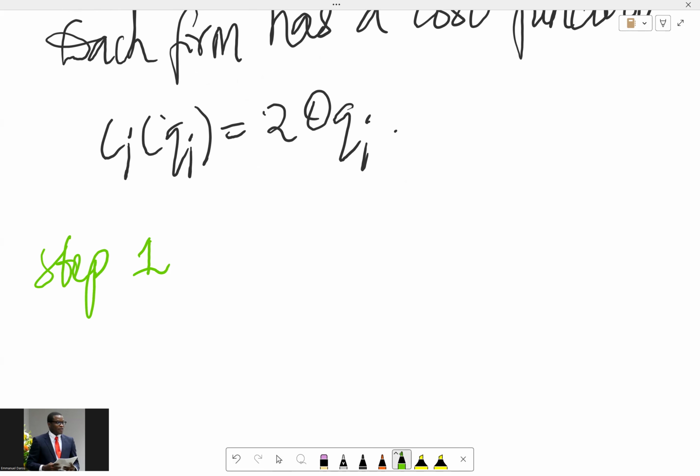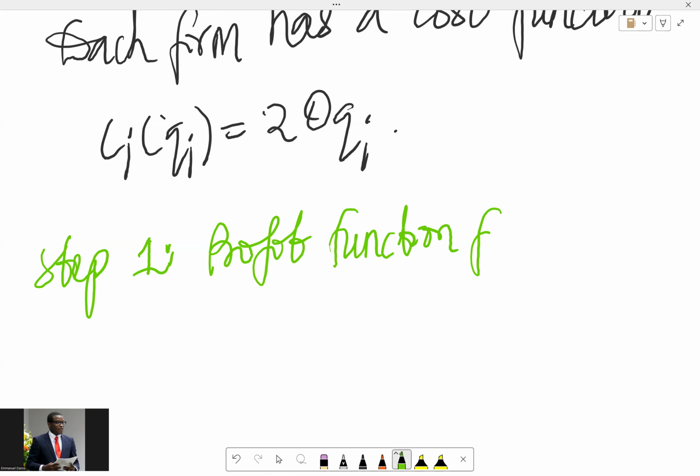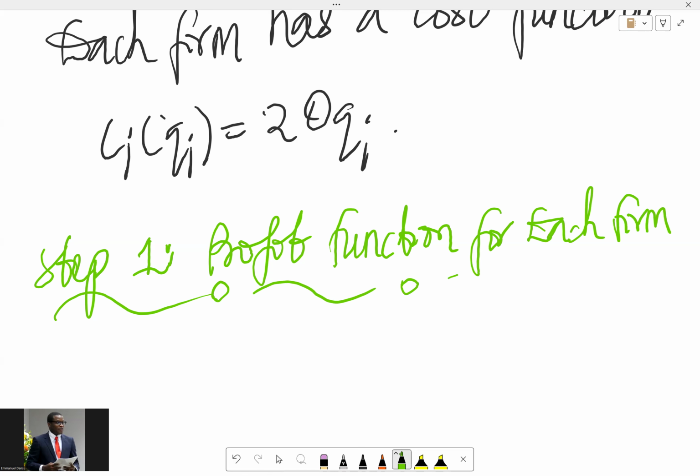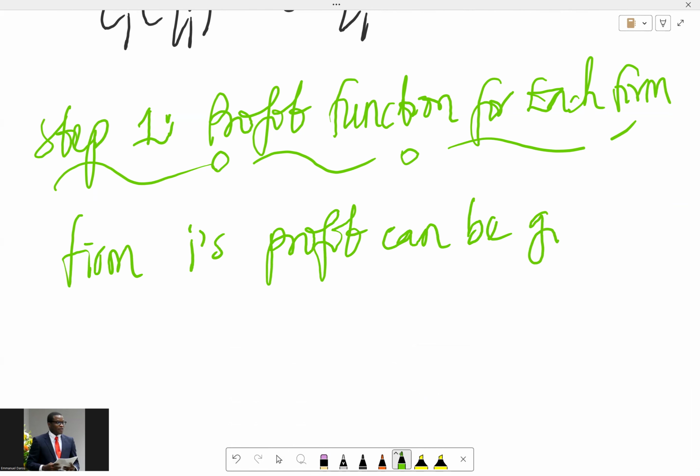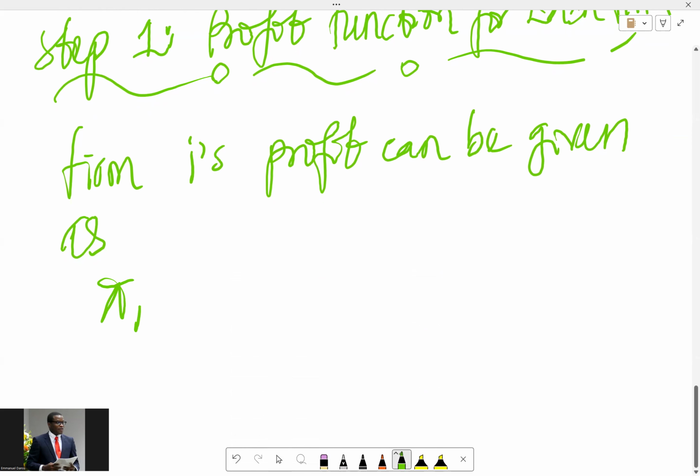In the first step, we need to find the profit function for each firm. Based on the information we have, firm i's profit can be given as pi i, which is equal to price times quantity produced by firm i, minus the costs of firm i.